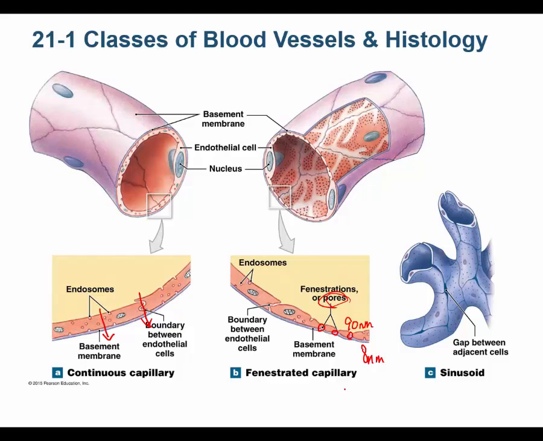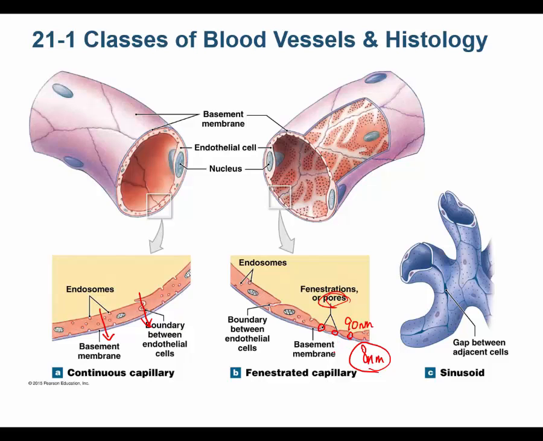Albumin's one of the smaller proteins. It's about 70 kilodaltons. Don't worry about what a kilodalton is, but albumin's one of the smaller of the proteins. It's only about 8 nanometer diameter. If you look, it's a globular protein. It's hard to give a diameter to it, but let's say it's 8 nanometers. So that albumin could very easily fit through that fenestra.